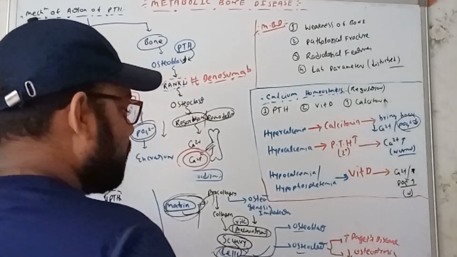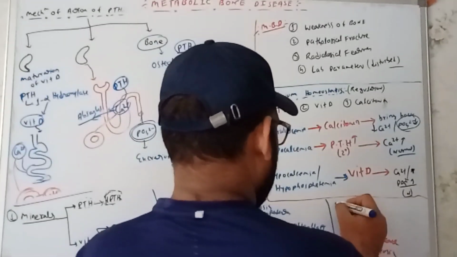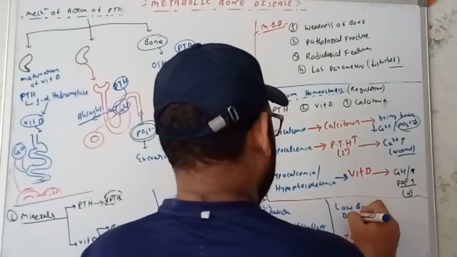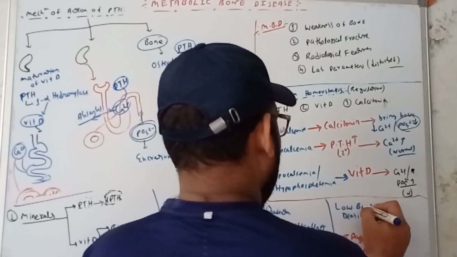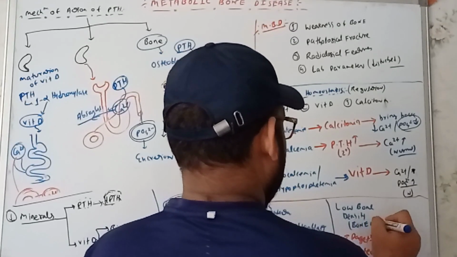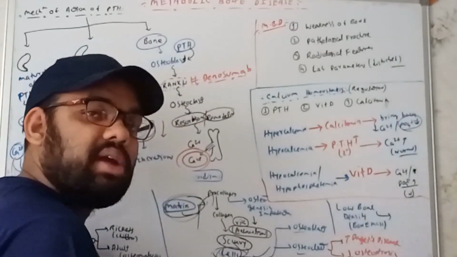And if we see low bone mass or low bone density, if the bone mass is less, there is more chance to develop what kind of disease in the elderly individual?